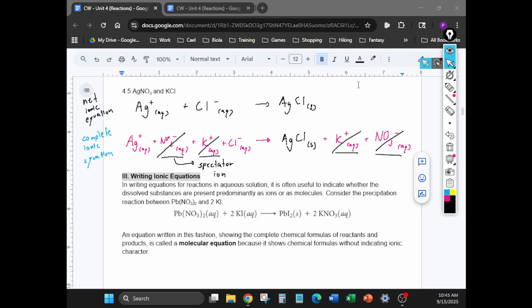Okay, and just a reminder, this will be on your test. You will have to write all three of them. I'm going to tell you, hey, this salt and this salt react together. What are the molecular, complete, and net ionic equations? Oh, you mean going from here to here?